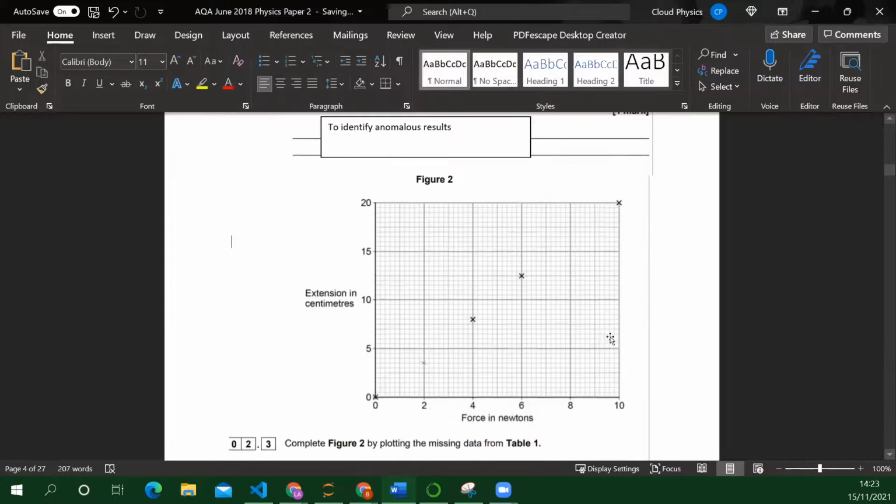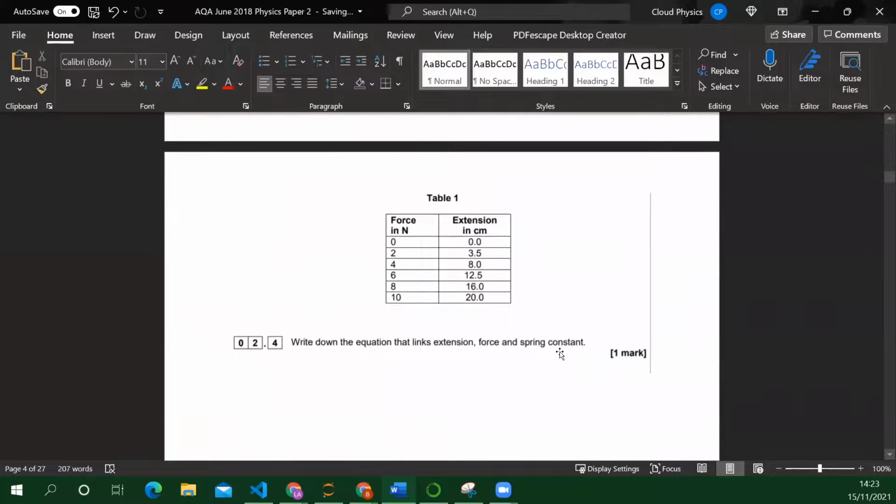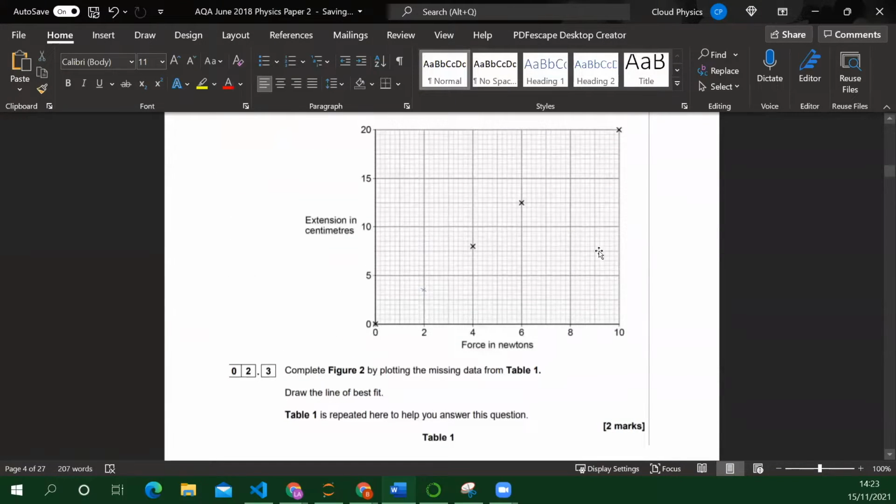Okay, so we're missing 8. So 8 and 16. So that's 15. So 16 will be 2 tiny squares above. So we're going to copy and paste the X. Just to move it, I'm going to do this.